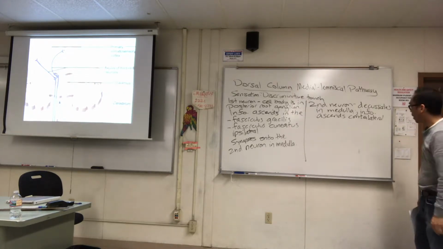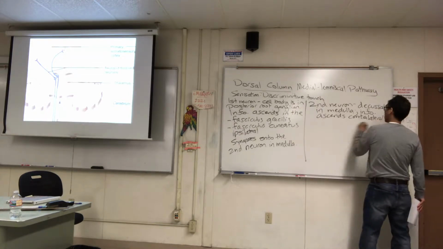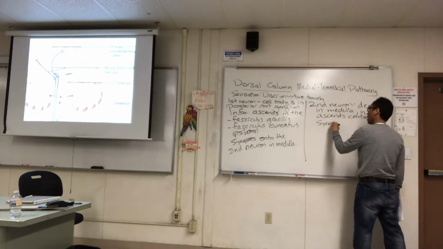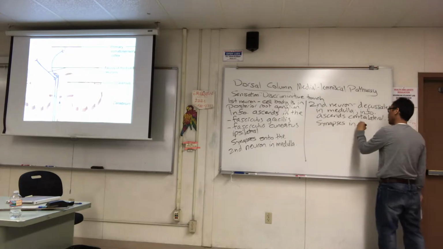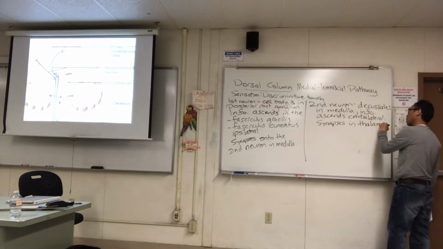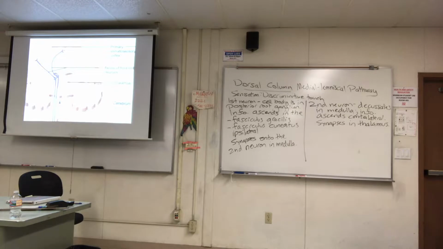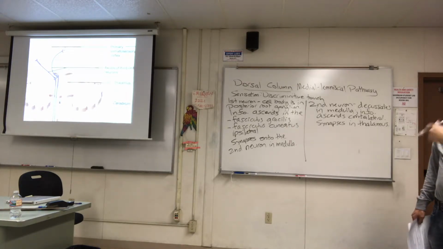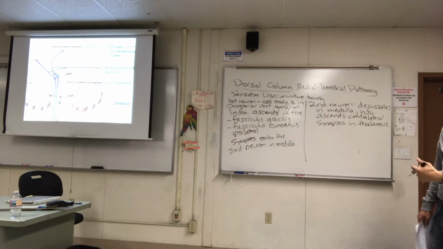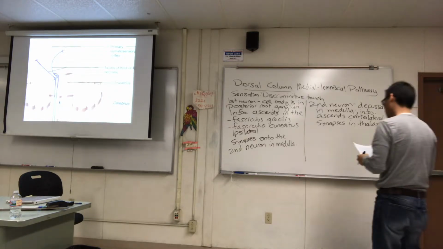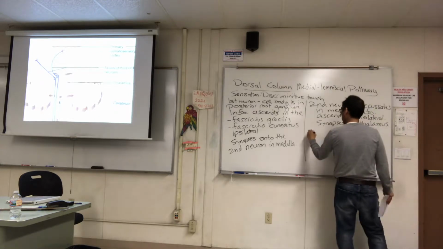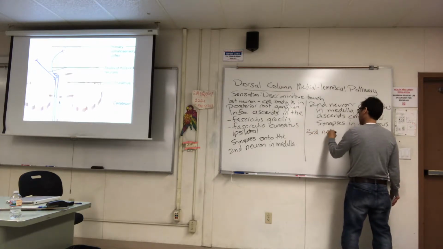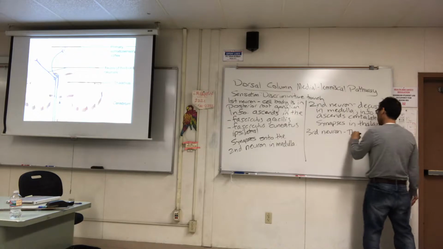Okay. Synapses in thalamus. Okay, so that's where you get the third neuron. So the third neuron, the cell body, is in the thalamus, and it'll project the correct sensory information. It'll route it to the right part of the cerebral cortex. Call it the sensory cortex. Third neuron, it's in the thalamus.